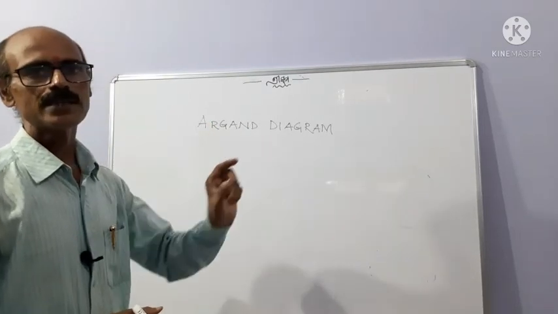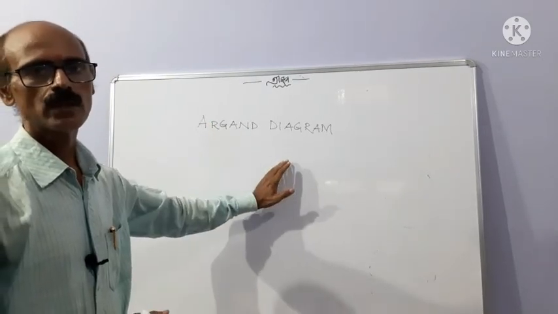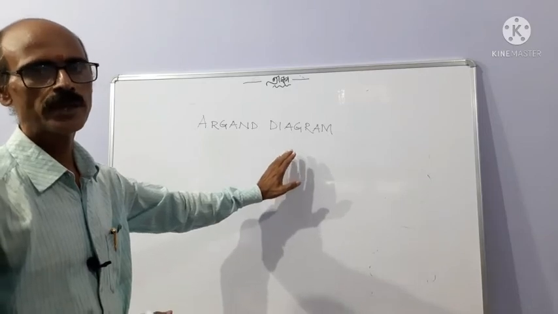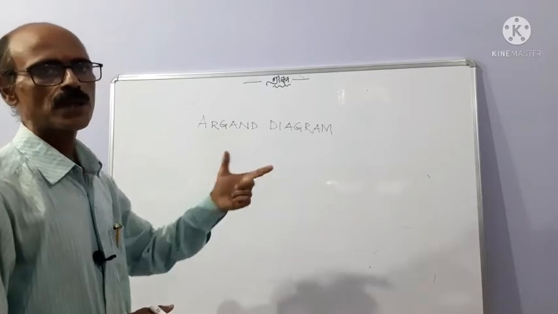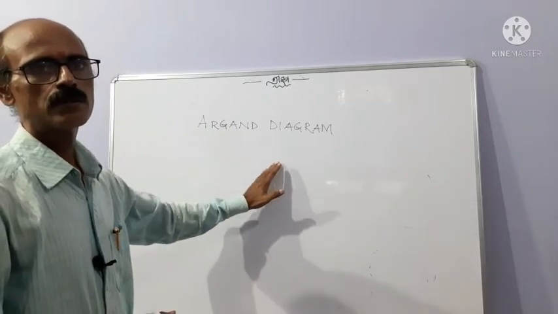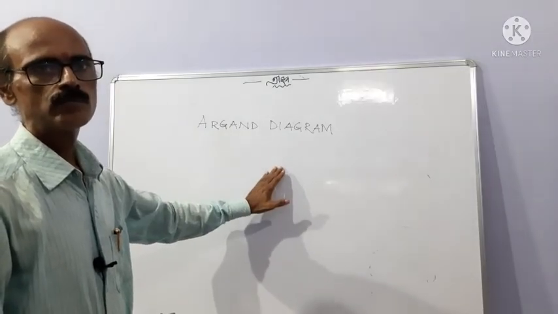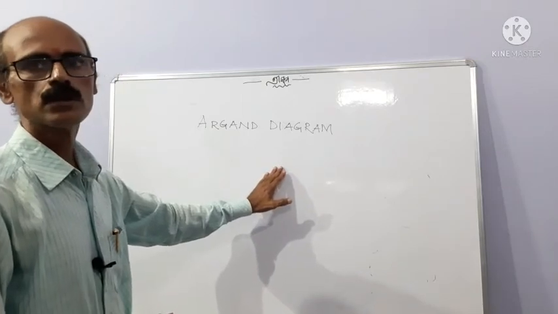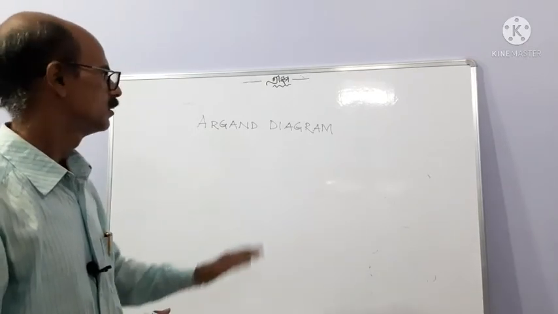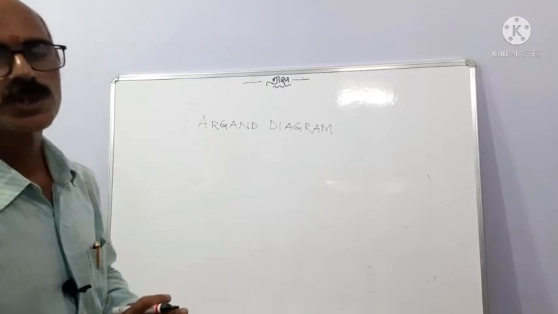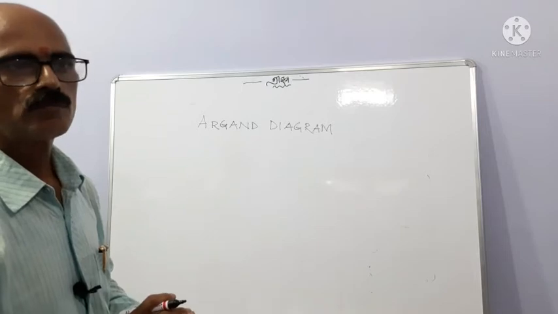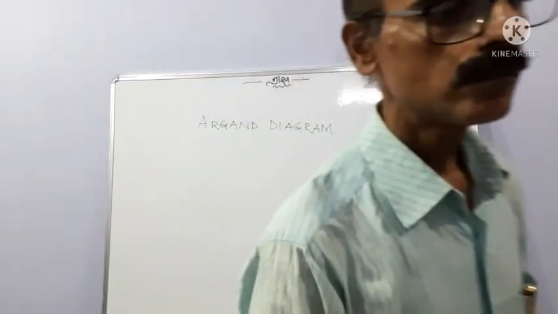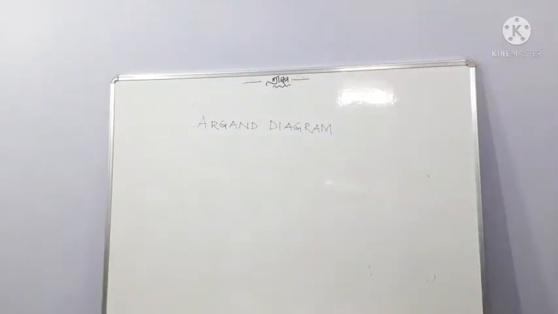We have a representation of real numbers in graphical form. Similarly, the graphical representation by means of a diagram for complex numbers is known as the Argand diagram. The diagram which represents complex numbers in graphical form is called the Argand diagram.